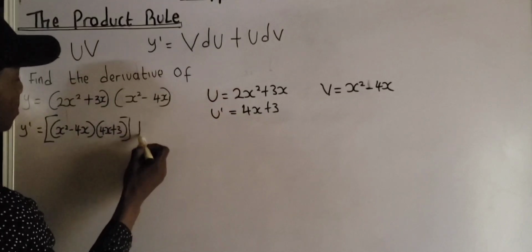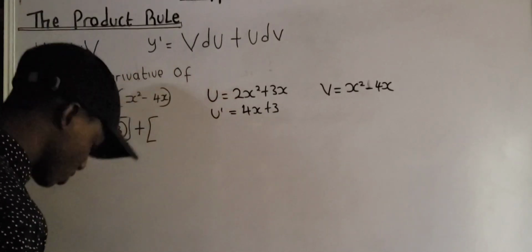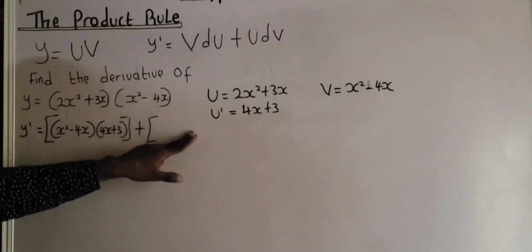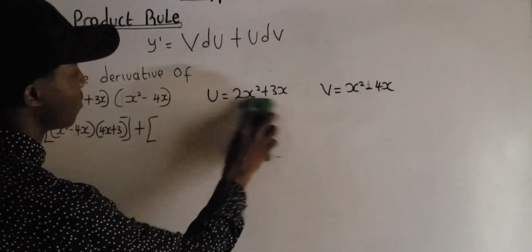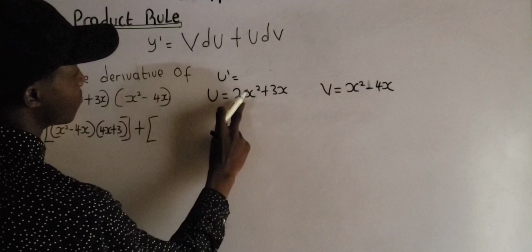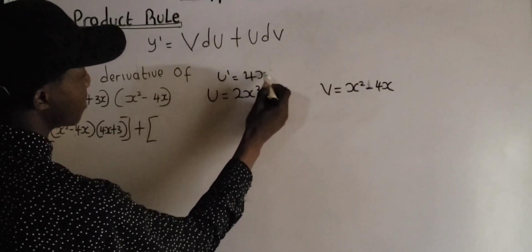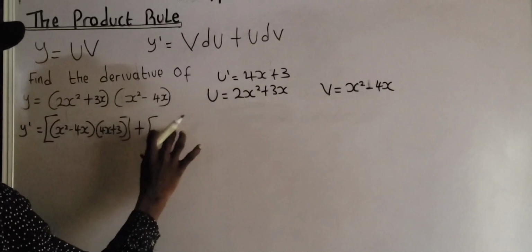Then the addition sign, you put it there. Open a big bracket again. Okay. Because of the space, I need space here. So, I'm going to put the derivative of u at the top. Okay. The derivative of u is 4x plus 3. You understand? Because I need space. You understand what I'm saying?